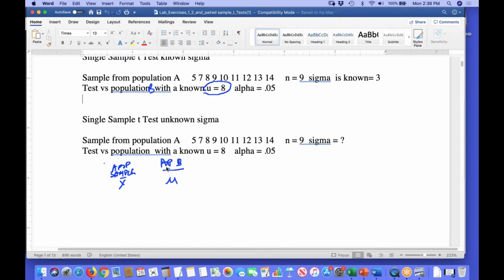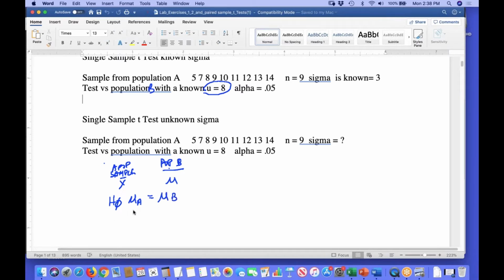In other words, that there's a difference between these two populations. That's going to be what we call our null hypothesis. Our null hypothesis always starts out with an equality. So we're going to say our null hypothesis is that the mean for population A is equal to the mean for population B.